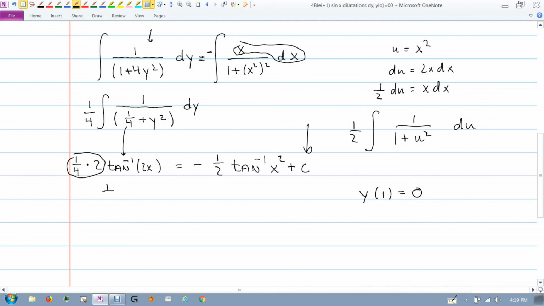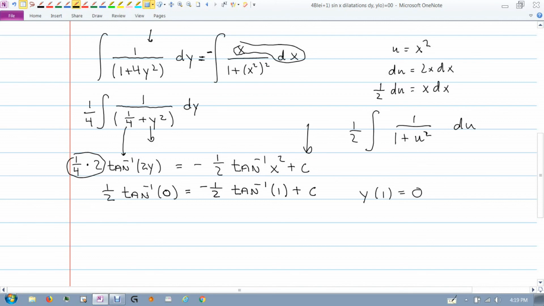So we get 1/2 arctangent of 2. You know, hold on, sorry. This should have been y, 2y. My apologies, my variable is y here. So that should be arctangent of 0. And then equals negative 1/2 arctangent of, and I'm plugging in 1 for x here, so arctangent of 1 plus c.